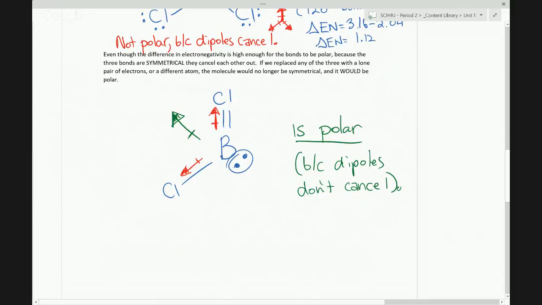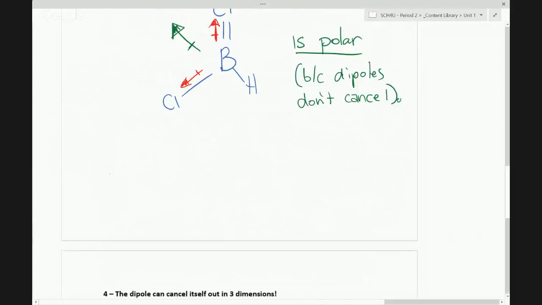So anything other than another chlorine will let these dipoles make the thing polar, as long as it's not symmetrical. And that's the rule. If the molecule is symmetrical, it cannot be polar.